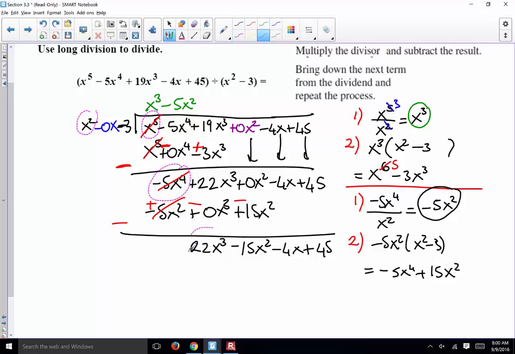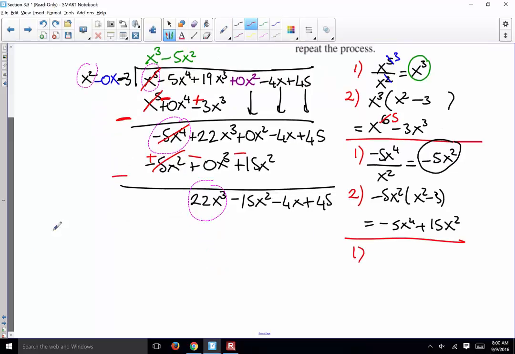So I mark this guy again and restart this two-step method. Once I divide 22x cubed over x squared, which is just 22x, right? And I put that right here. Is it negative or positive? Positive. Positive 22x.